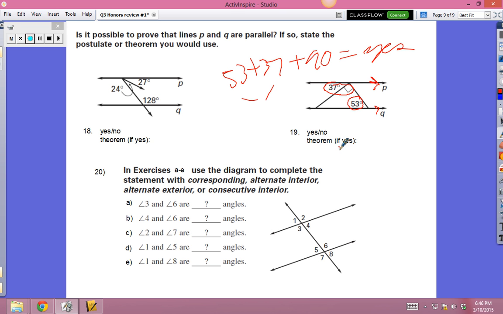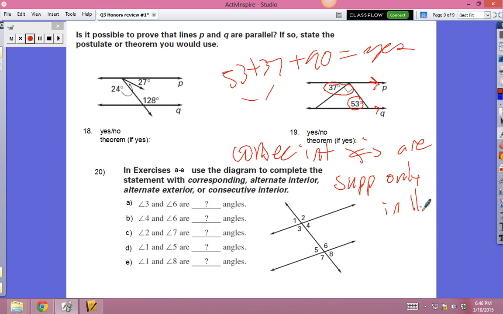But the theorem is consecutive interior angles are supplementary only in parallel lines. That only happens in parallel lines. So if these are supplementary, that means these lines are parallel.